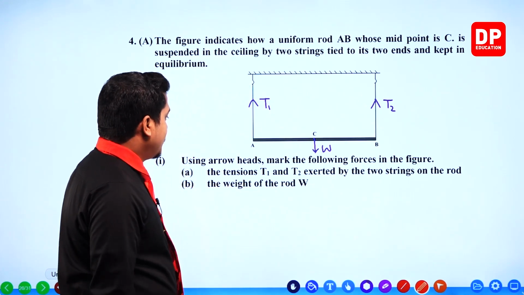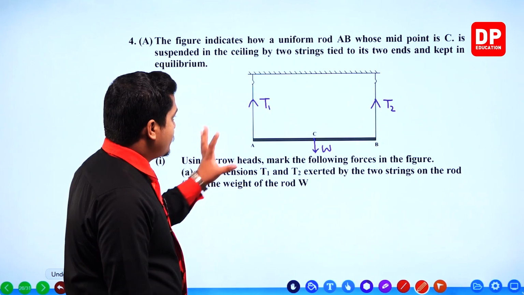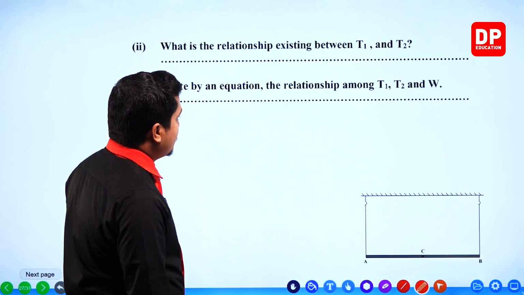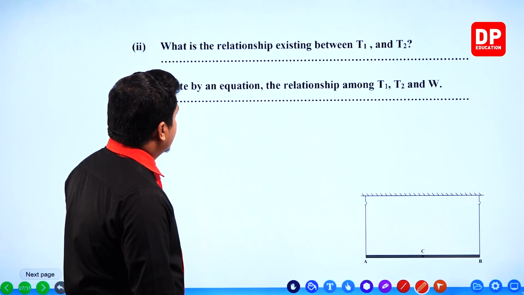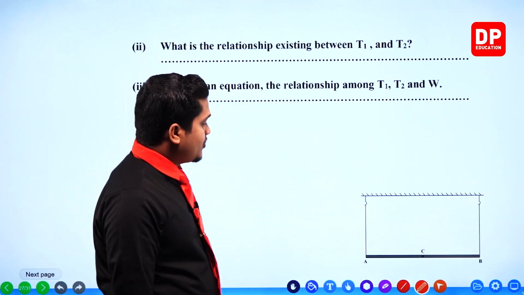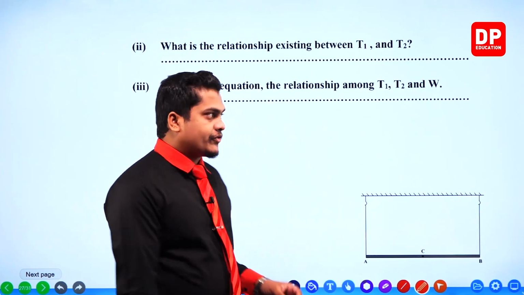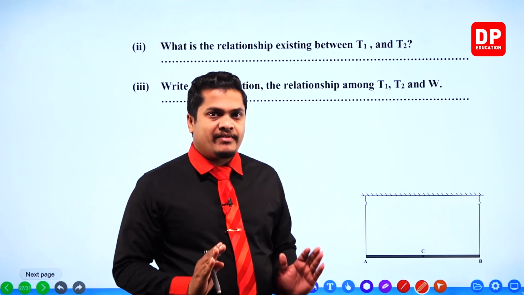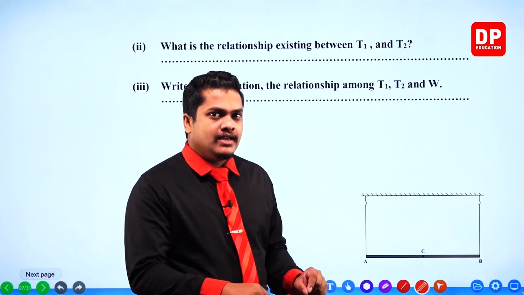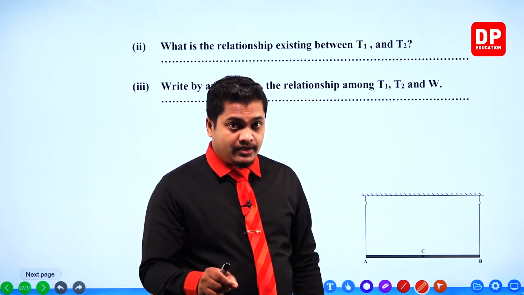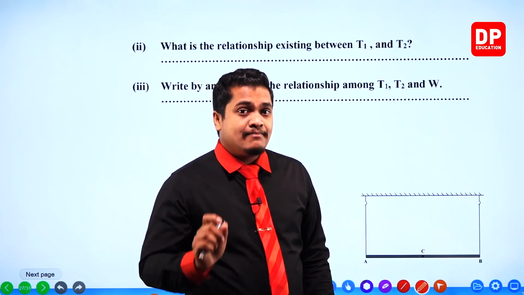Next one. Right, so we have marked the tensions and the weight. Next: what is the relationship existing between T1 and T2? When you take T1 and T2, my dear children, remember that in order to be equal, the lengths of the ropes should be equal to each other and they should be made of the same material.